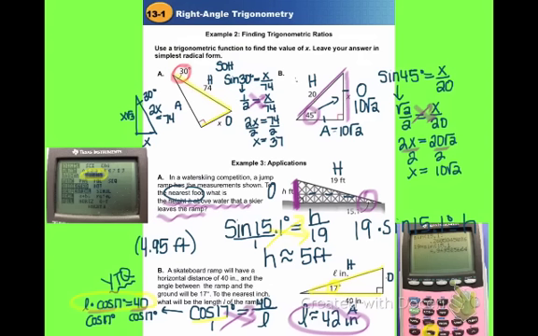When I did that and rounded to the nearest inch, as it asked me to do, I got approximately 42 inches. And that answer makes sense. It does need to be the longest side in the triangle because it is the hypotenuse, and it is longer than the 40-inch adjacent side. So 42 inches makes sense.